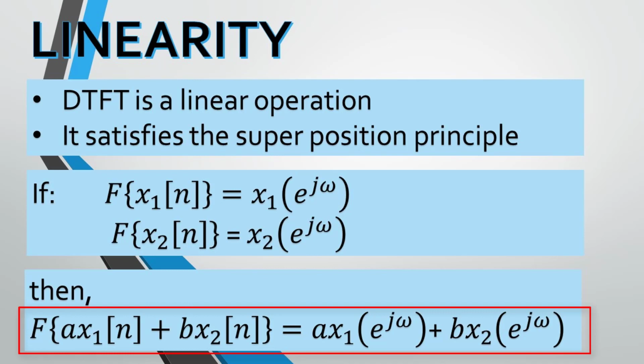I repeat, the Fourier transform of constant a multiplied by signal x sub 1 plus constant b multiplied by signal x sub 2 is equal to the sum of a X sub 1 of e raised to j omega and b X sub 2 of e raised to j omega.